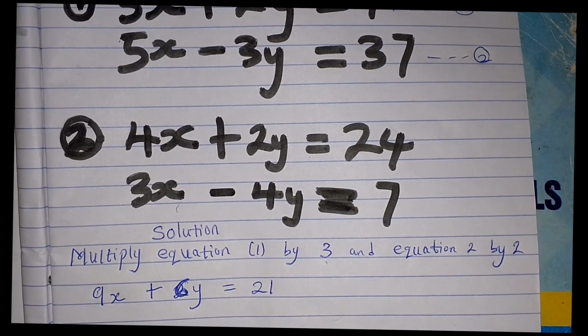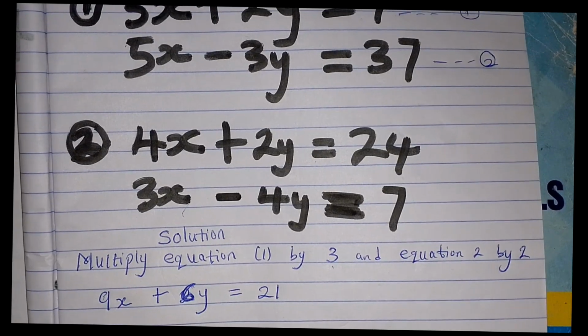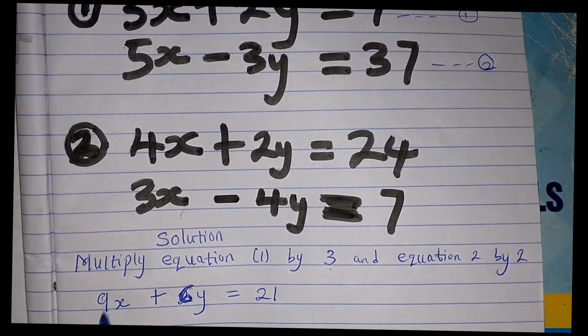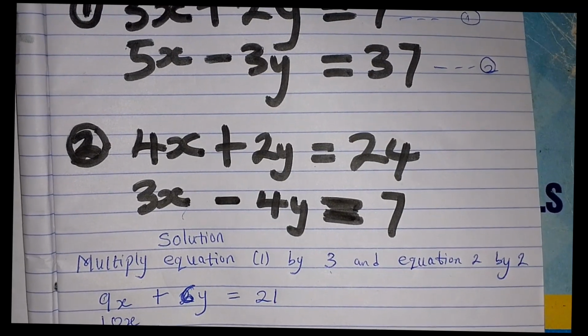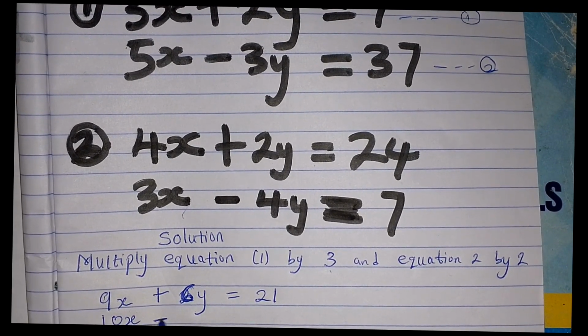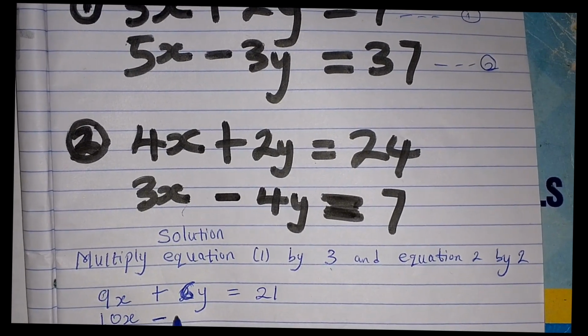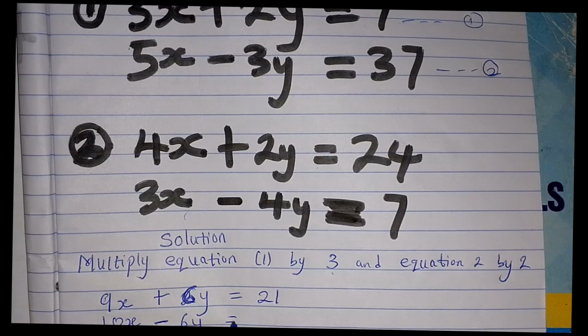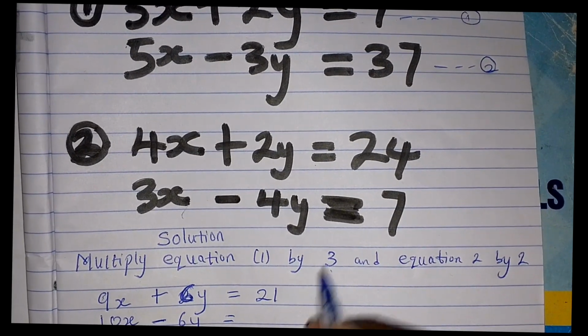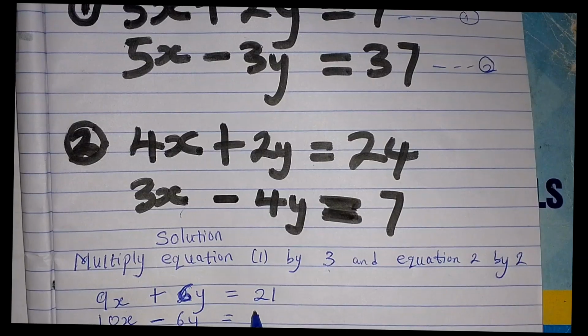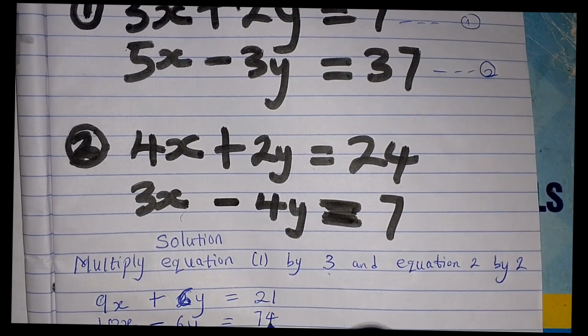Then for equation 2, multiply by 2. 2 times 5x is 10x, minus 2 times 3y is 6y, equals 2 times 37, which is 74.